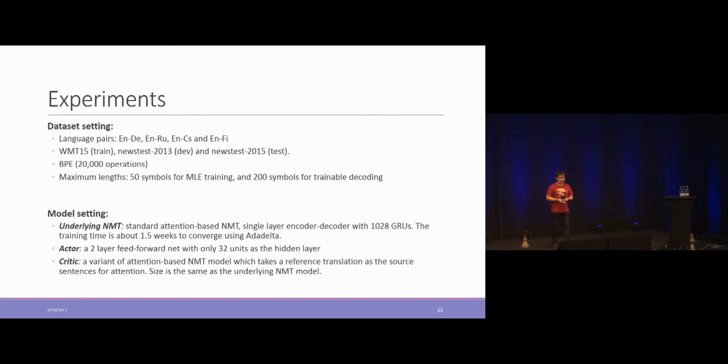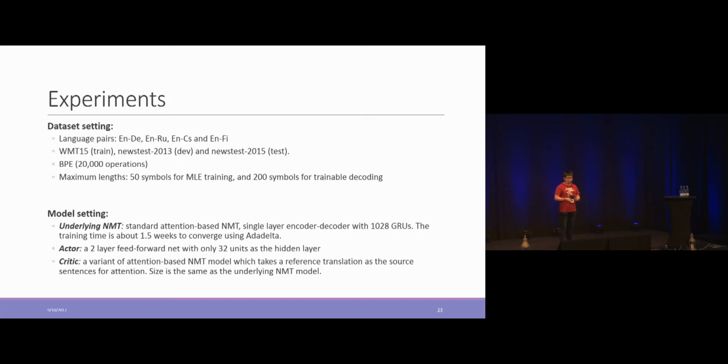When we come to the experiments, we test our algorithm on 4 different WMT datasets and use the standard test and dev sets to train and test it. We use BPE and a maximum length of 50 symbols for MLE training and 200 symbols for the trainable decoding.